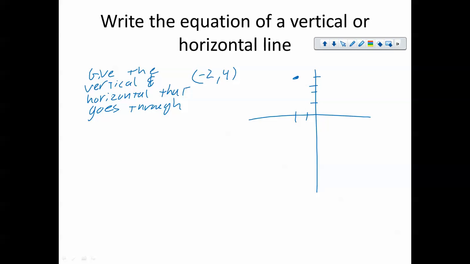We're finding the equation of the horizontal line that goes through 4, and we're finding the equation of the vertical line that goes through -2. So this vertical line is x equals -2, and this horizontal line is y equals 4. So they might give you one point and say, what's the vertical and horizontal that goes through that? You just break it up. Okay.